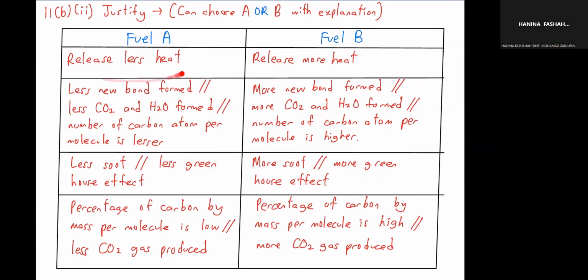Here you can say release less heat, less new bonds formed, less soot. Both have the good thing. This one, less soot means better for environment. This one, more soot means the food is cooked faster.